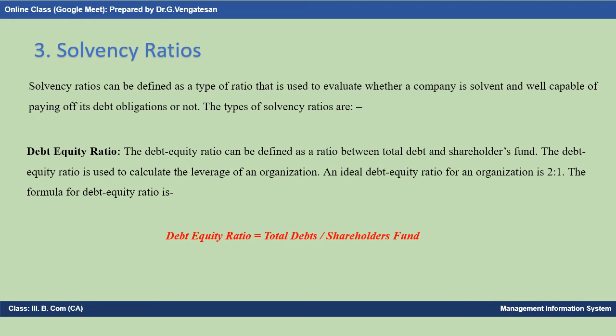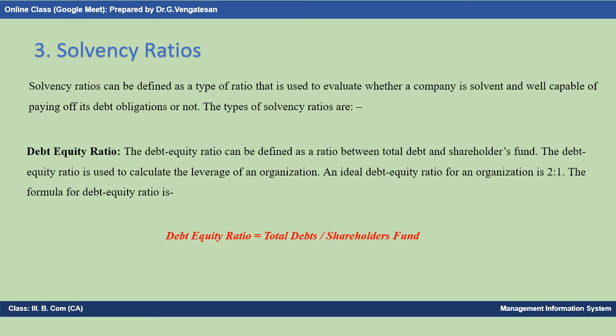The solvency position of a firm can be determined and tested with the help of the following ratios. They are debt equity ratio, proprietor ratio, fixed asset ratio, fixed asset to long-term fund ratio, capital gearing ratio, current asset ratio, interest coverage ratio, and finally solvency ratio.